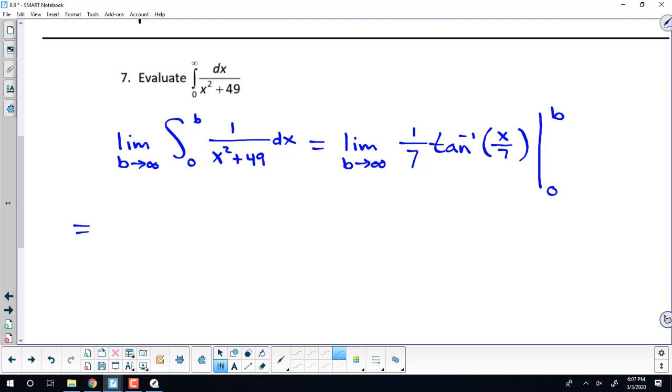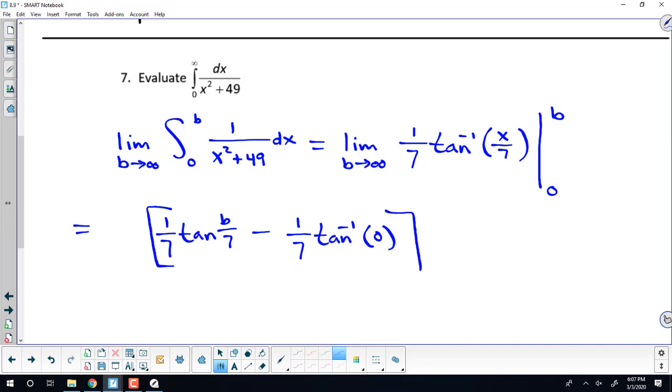Okay, so plugging in b, minus plugging in 0, and then computing the limit as b approaches infinity.